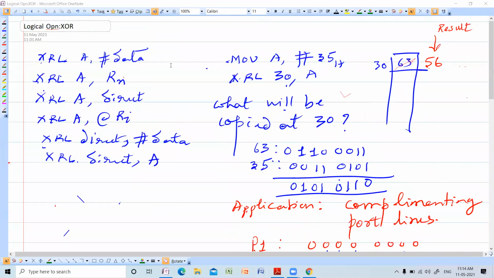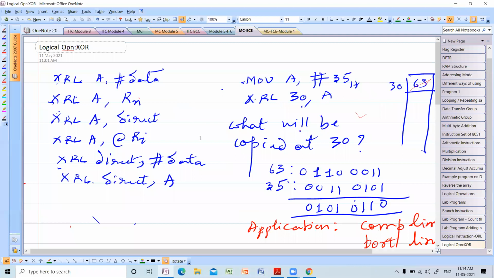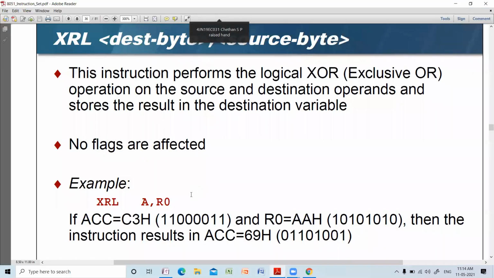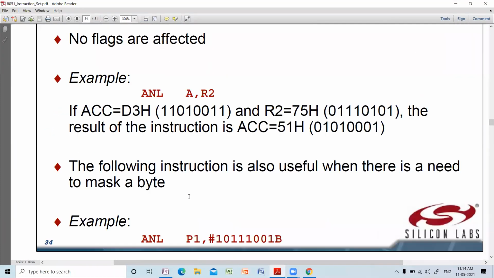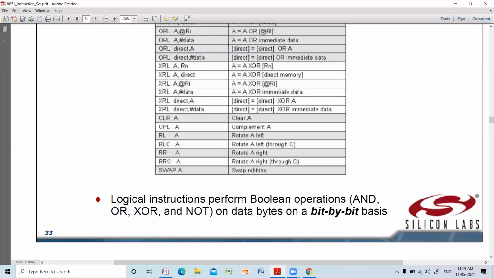So this is the logical XOR. So next operation. The next logical operations in the list, you can see the list: clear accumulator, complement accumulator. These are the two operations. Another set is the rotate instructions: RL A, RLC A, RR A, RRC A, SWAP A, which you saw yesterday in the instruction class. These are the remaining logical operations which we are going to see.